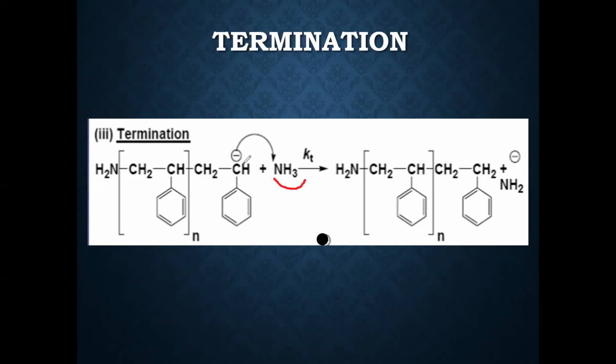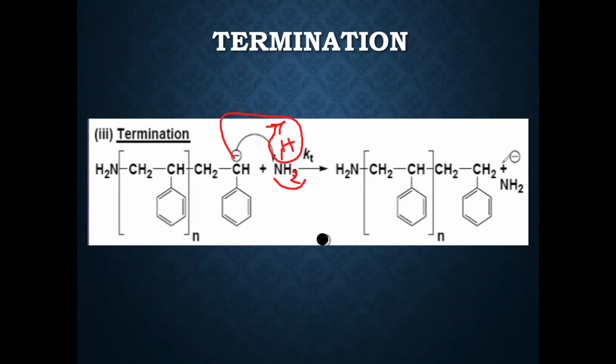Another amine group will react with the reactive polymer. Now it is a polymer, but it is reactive, where it will lose a hydrogen and give it to the negative charge. The negative charge will attract this hydrogen, and in that case the polymer will become normal, neutral.